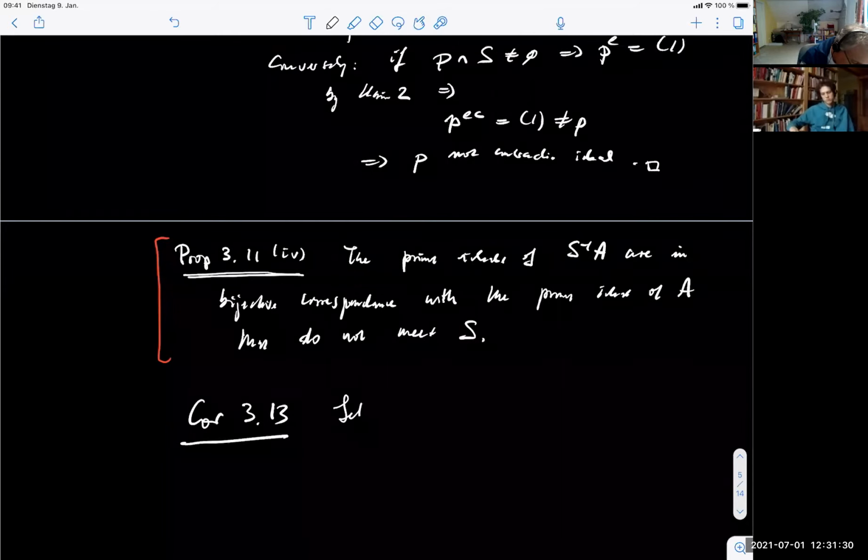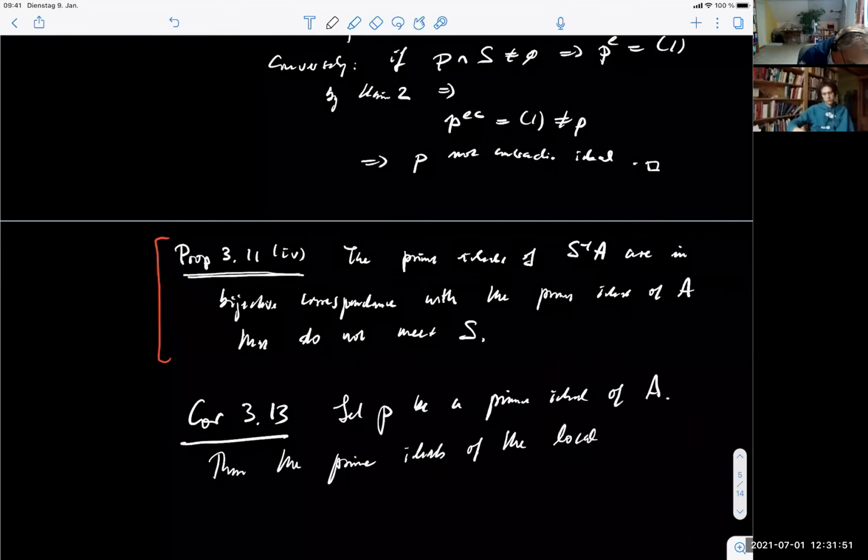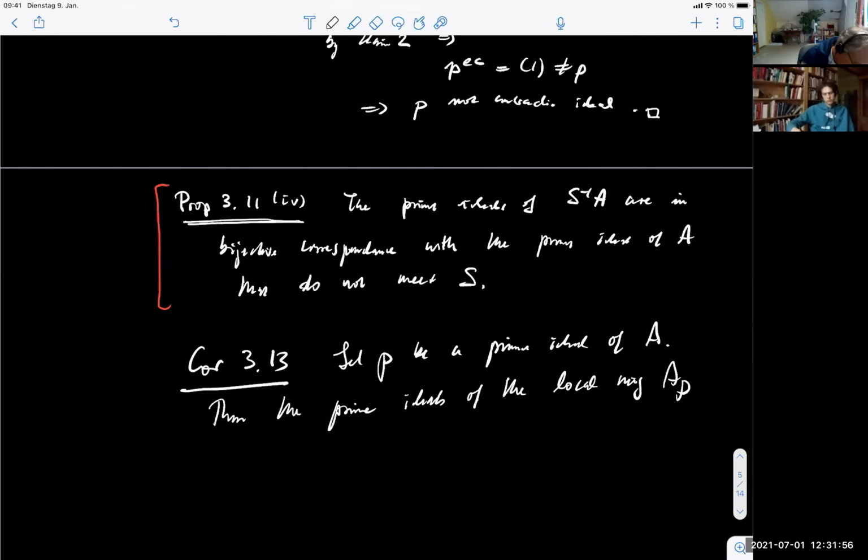Let P be a prime ideal of A. Then the prime ideals of the local ring, A localized at P, are in bijective correspondence with the prime ideals of A satisfying what?